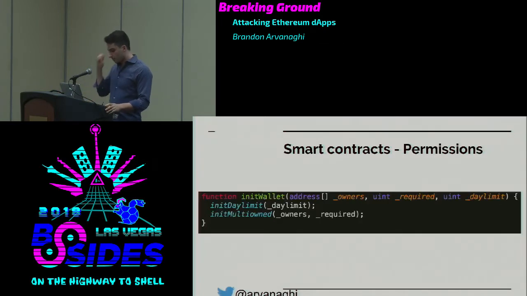There's another one, so permissions, we talked about that earlier. This init wallet function is in one of the Parity issues. This didn't have any modifiers associated with it, right? This sets the owner of the wallet, and it sets who the owners are. It wasn't in a constructor, so it's not like it was only called once. It was in a library, so anyone could call this at any point. And because anyone could call this at any point, you definitely need a modifier associated with it so you can restrict who is able to call it.